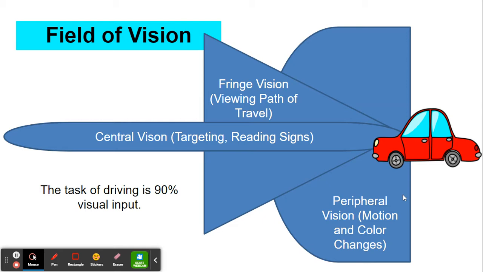But when it comes to driving, let's look at what it says here. The task of driving is 90% visual input. Our visual acuity is so integral to being safe and defensive drivers, being great drivers. Let's keep moving along here.